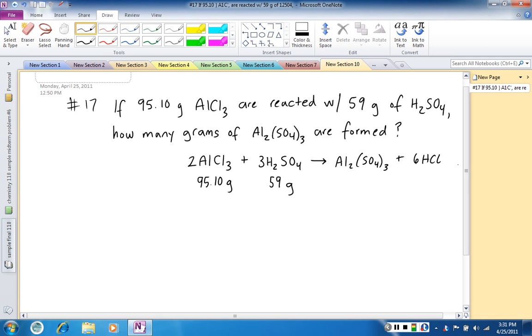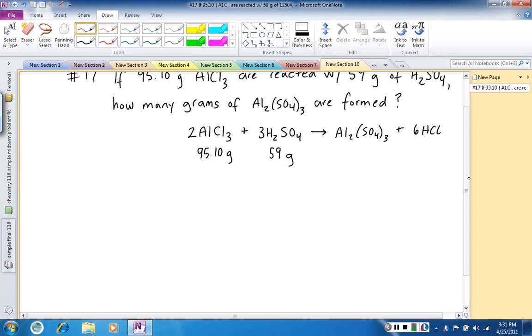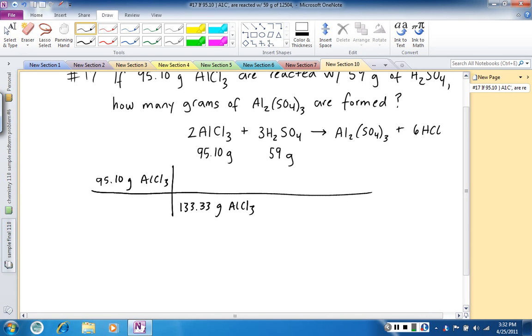So in this case, you start with both of them, both the reactants, and you figure how much product it is going to make. Whichever one makes the least amount is going to be your limiting reactant. So we have 95.10 grams of AlCl3. It weighs 133.33 grams per mole.